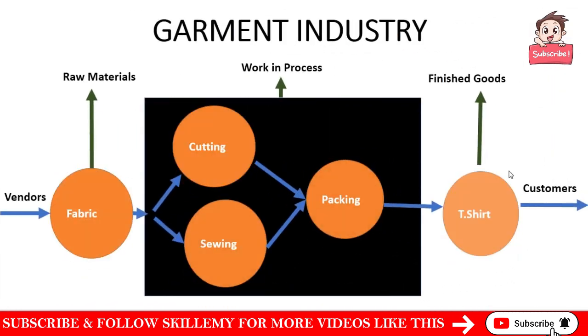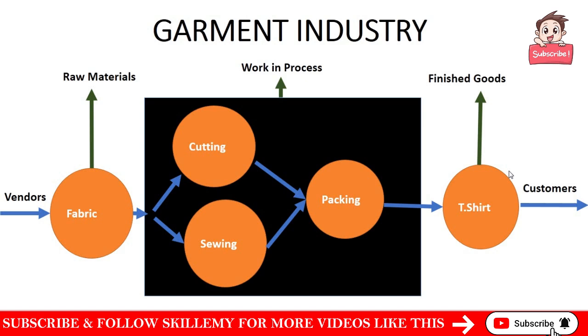If you look at the garment factory, we buy the fabric from the vendor, so that is called raw material. After that the fabric goes to the cutting department. They will cut the fabric and then sew, and after that we will pack the t-shirt.